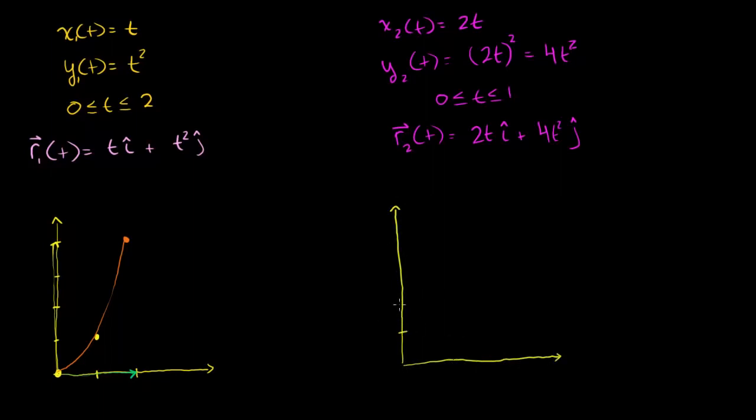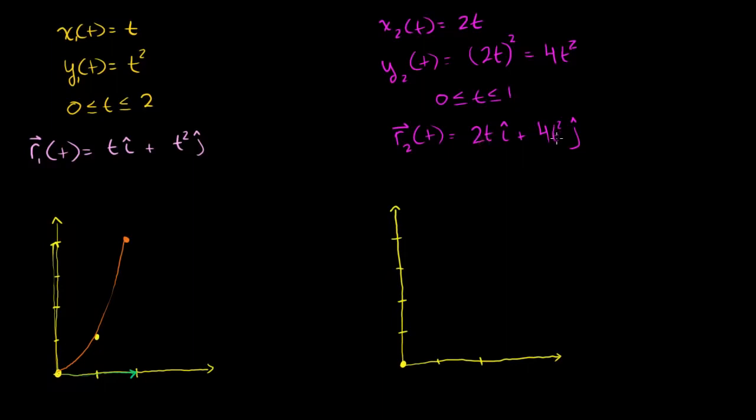So let's see, 1, 2, 3, 4, 1, 2. And then let's see what happens when t is equal to 0, or r of 0, all of these are going to be 0. We've just got the zero vector. X and y are both equal to 0. When t is equal to 1/2, what are we going to get here? 1/2 times 2 is 1.